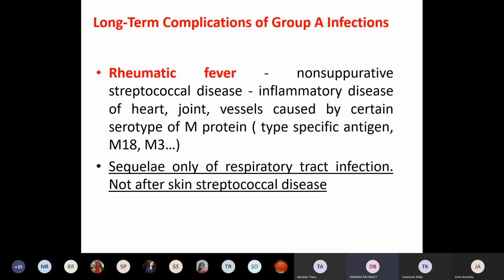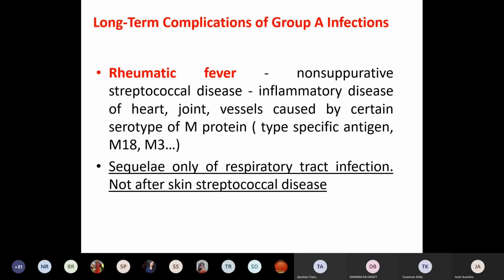It's an inflammatory condition of the heart, sometimes joints and vessels, caused by group A streptococci with certain serotypes of M protein, for example M18, M3. That's why we discussed this particular protein during the general introduction to group A streptococci.